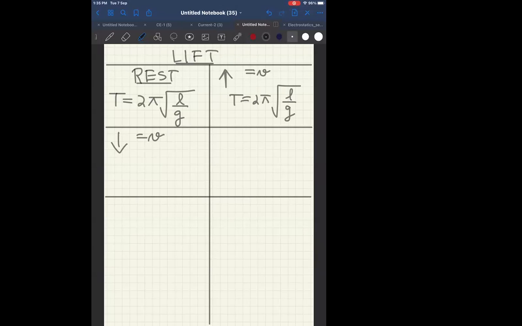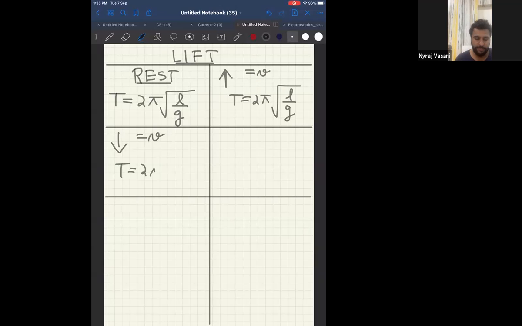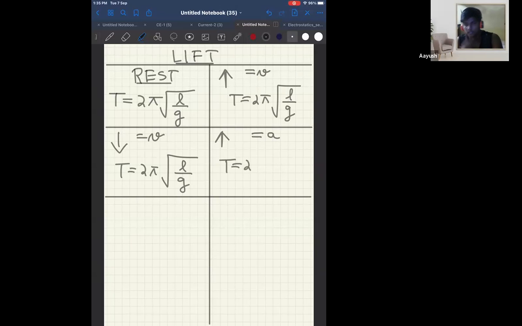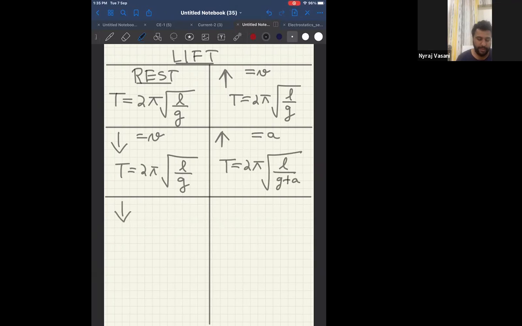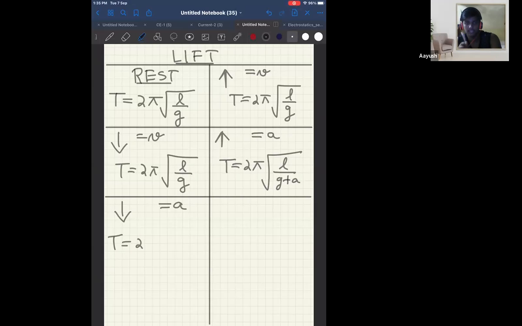Unchanged. Now, if the lift is moving upwards with constant acceleration, what will be the time period? 2 pi root L by G plus A. Now, if the lift is moving downwards with constant acceleration, 2 pi root L by G minus A.